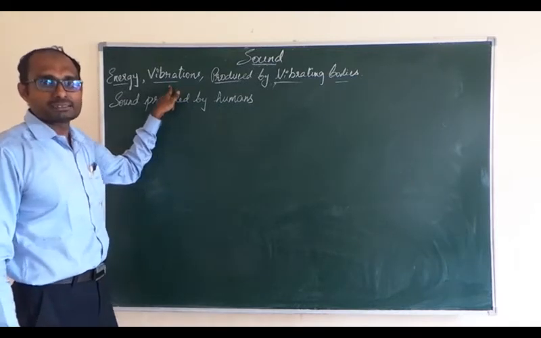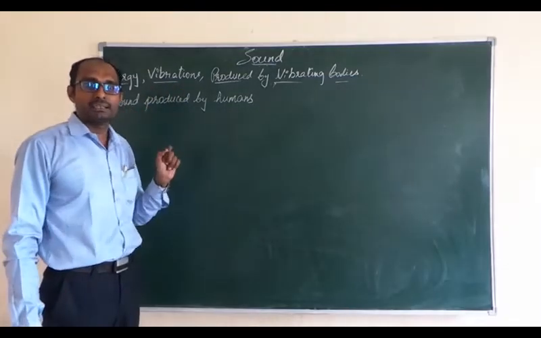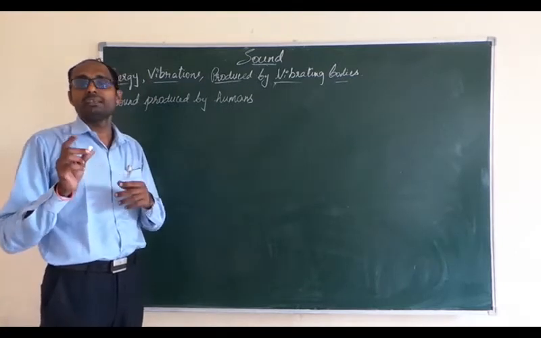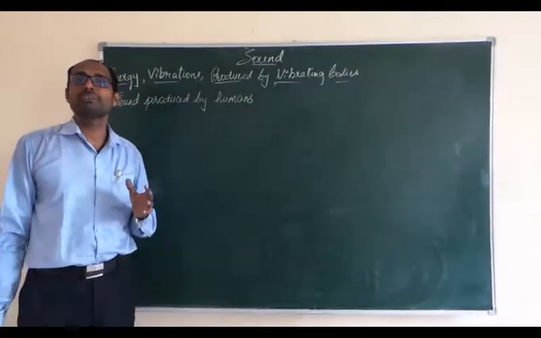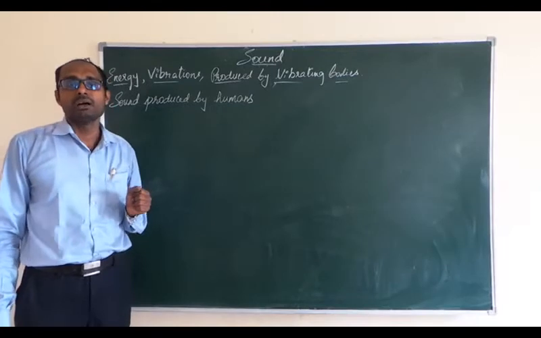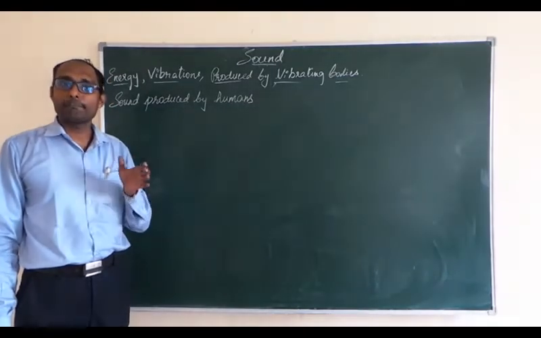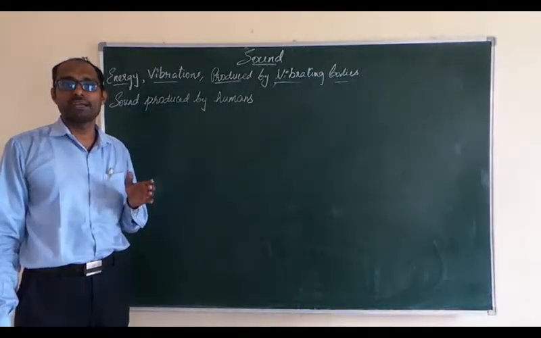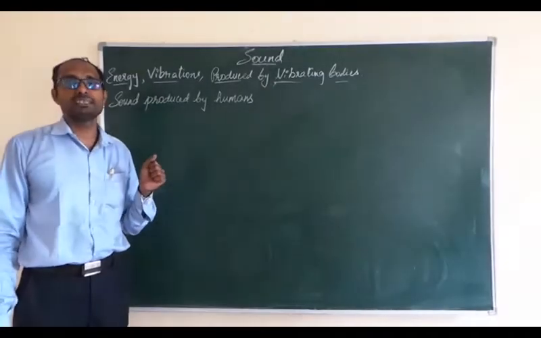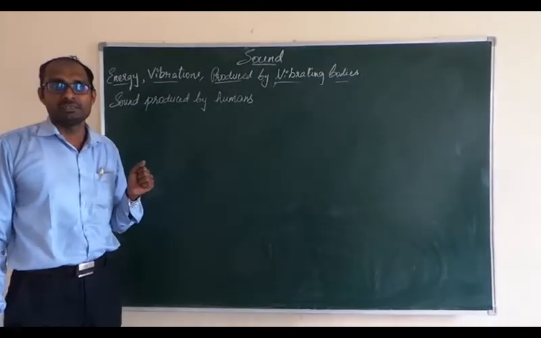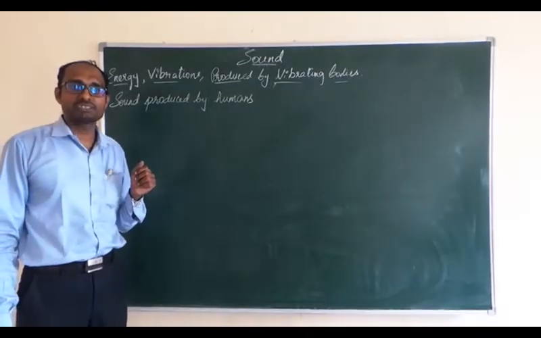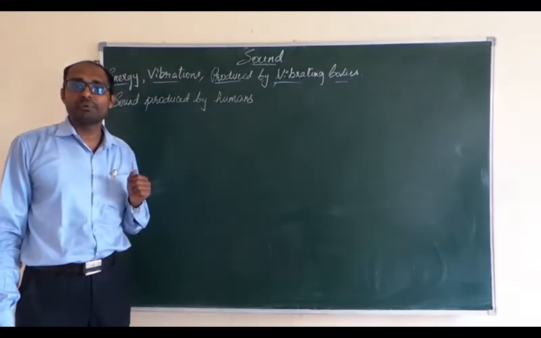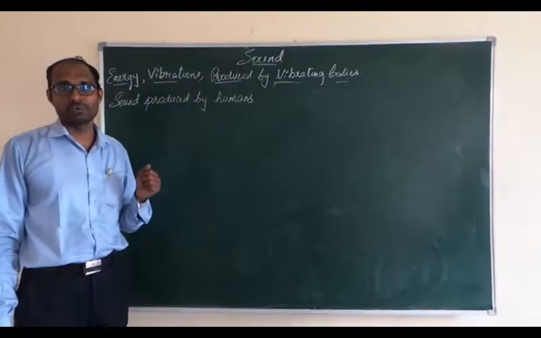If the entire body is undergoing to and fro motion, then we say it is oscillation. On the other hand, if only a part of the body is undergoing to and fro motion, we say it is vibration. And for example of vibration, we have seen vibrations in a tuning fork.